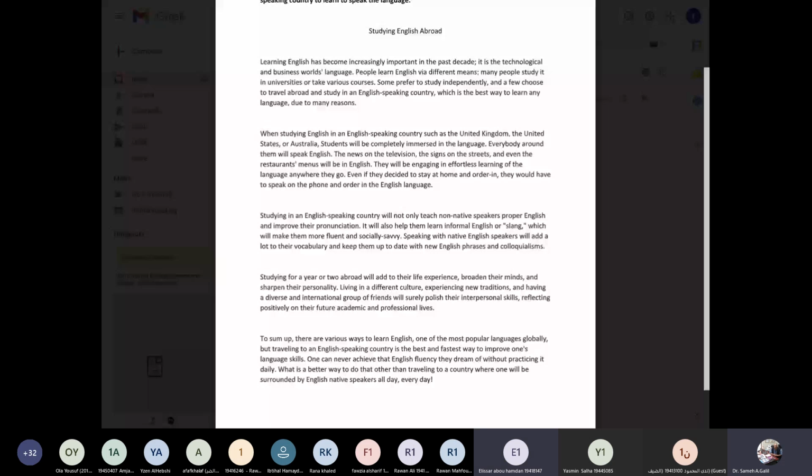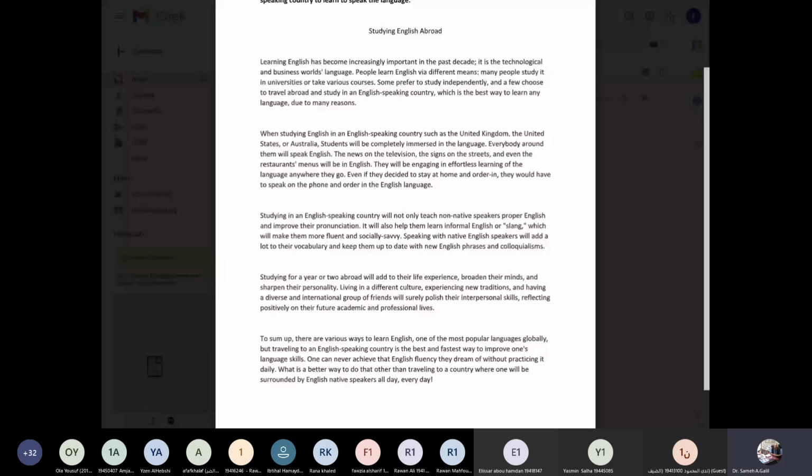Okay, if she started there, that would have been also the thesis statement. What perhaps reinforces our impression that this is the thesis statement is that she said, for many reasons, right? But this is okay.